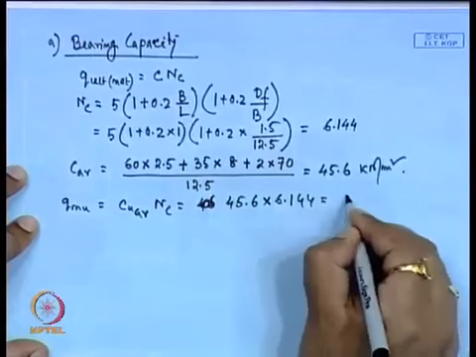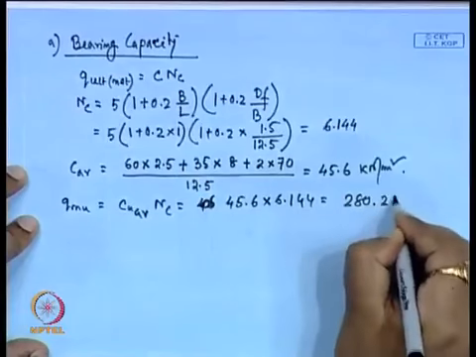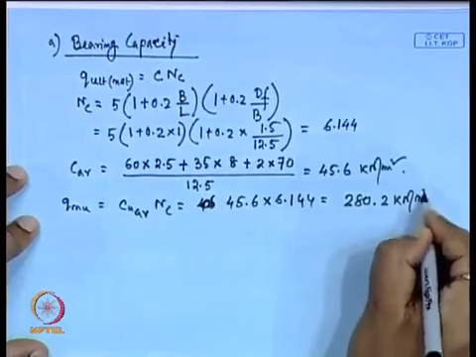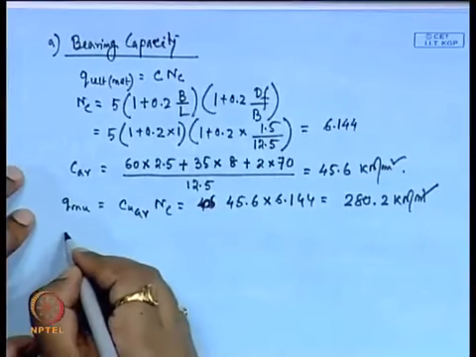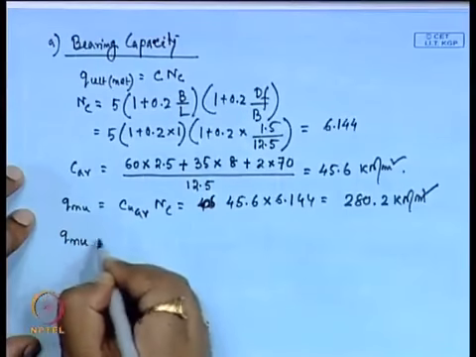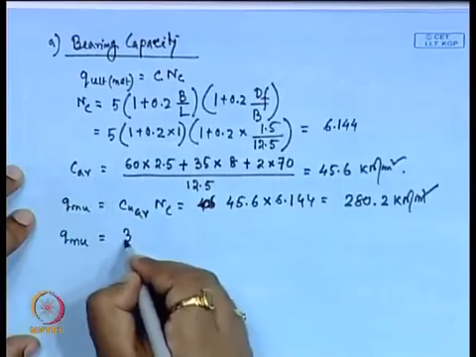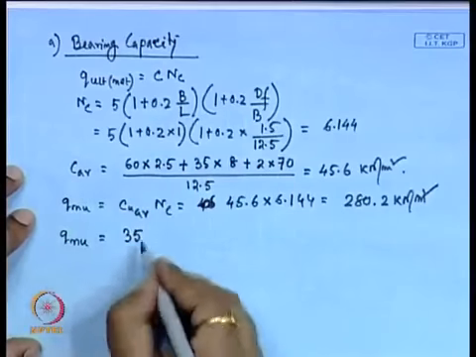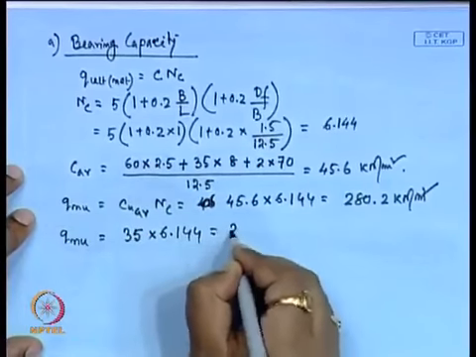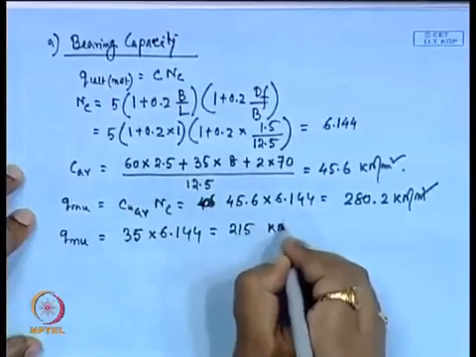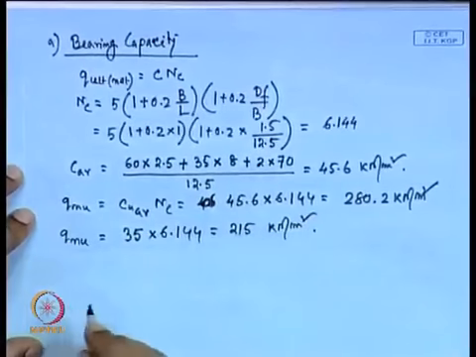So, this is 280.2 kilonewton per meter square. In the second method, we are taking only the minimum CU. So, in that case this will be 35, because minimum CU is 35, into 6.144. So, this is 215 kilonewton per meter square.